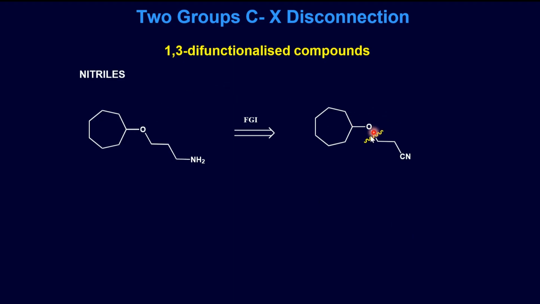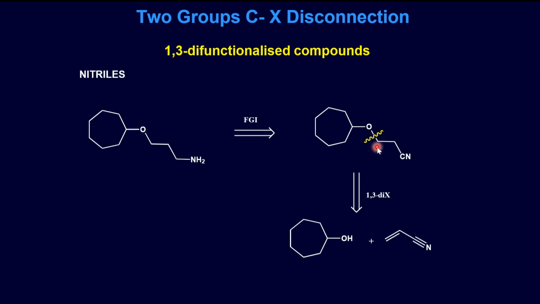I break up the molecule over here. 1,3 disconnection. This part is the donor synthon, O minus. I will use the corresponding alcoholic derivative of this cyclic ring system, and here this will be an acceptor synthon.